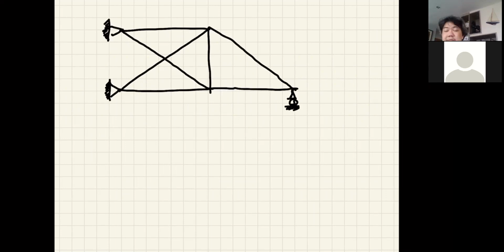So the key is to identify the degree of freedom of the structure. How many do we have here? Let's say we have Q1 here, and then Q2 here, so that's 2. This one is not a joint, okay? This is just 2 members crossing each other.